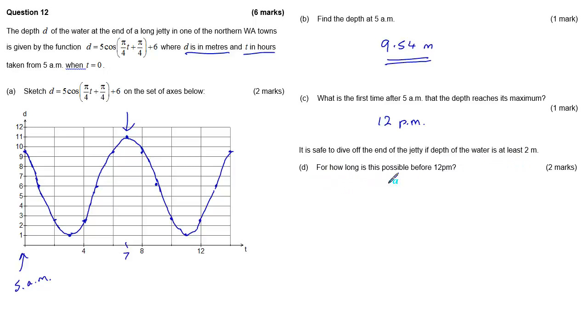For how long is this possible before 12 p.m.? So 12 p.m. we've already discussed is here. So we want from here up to here the amount of time it's above 2 meters.